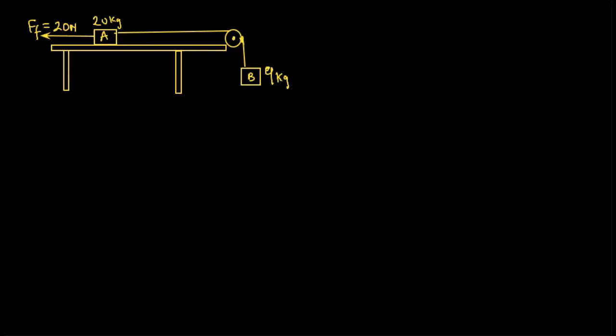With pulleys, you always make sure you choose your direction in a smart way, clockwise or anti-clockwise. So in this case, right is positive and down is also positive, which means any force pointing opposite to that is going to be negative.